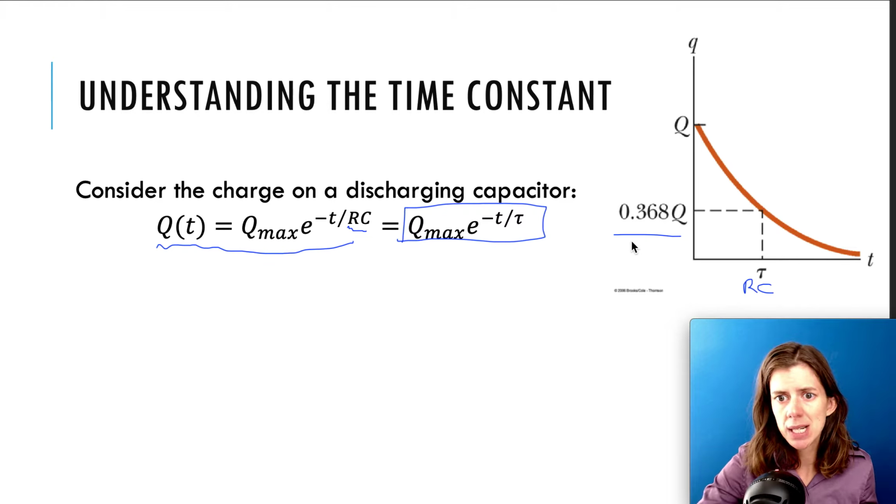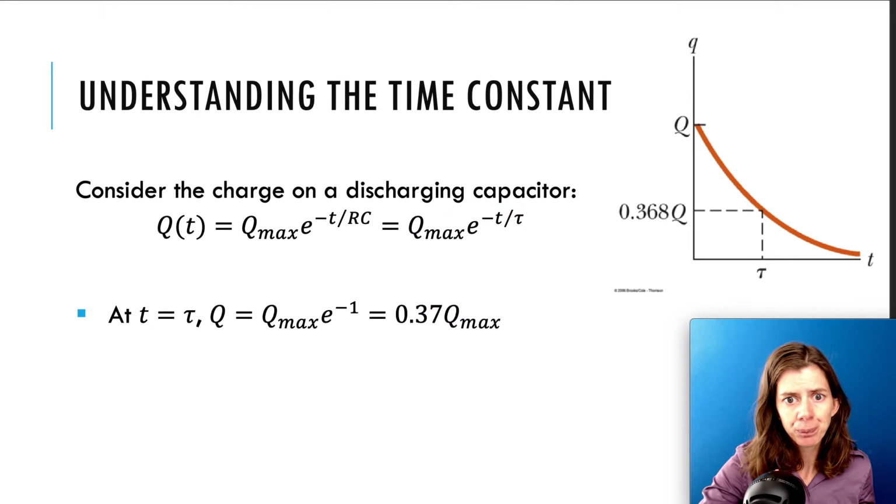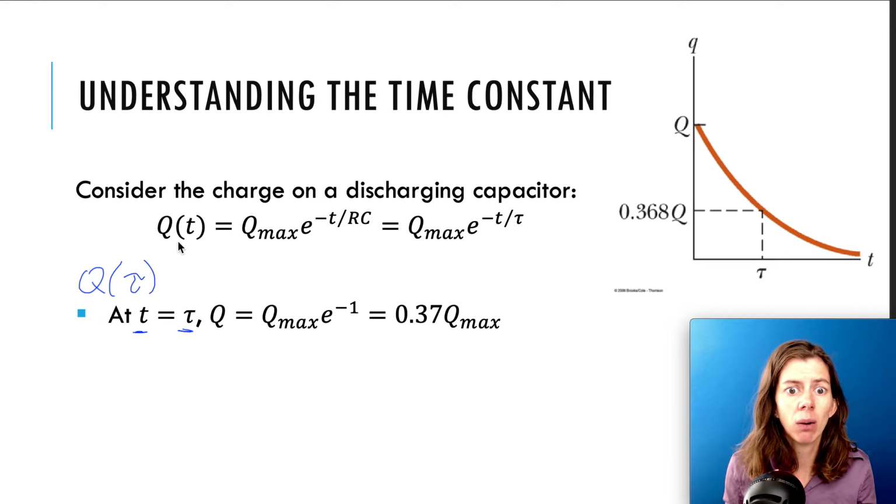So let's see where this number comes from. What we have to do is plug in time equal to tau to see what Q is at time tau. You just plug in tau for t in this equation.